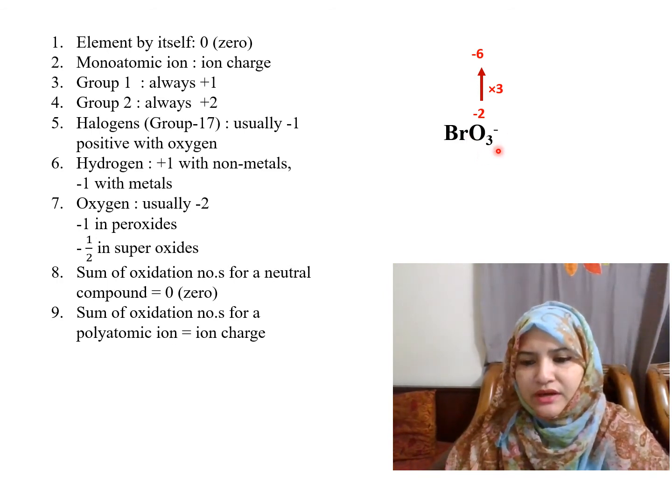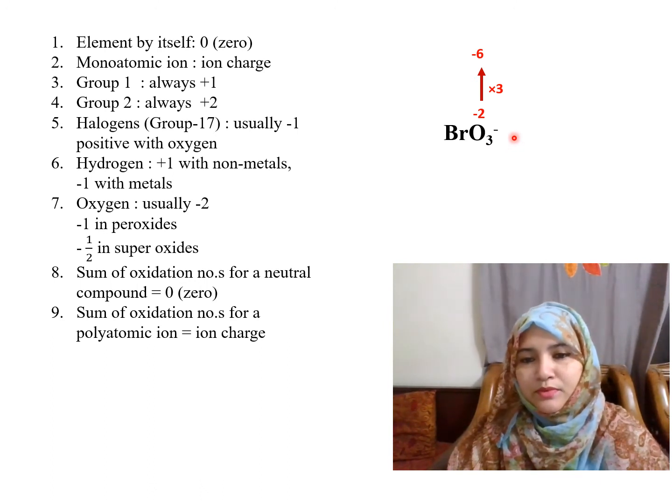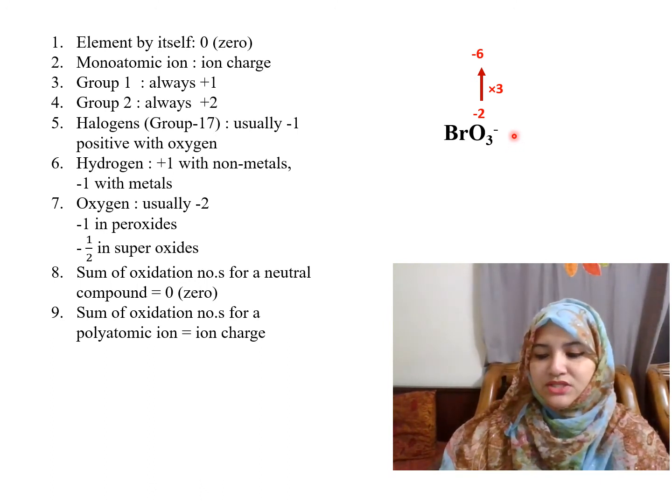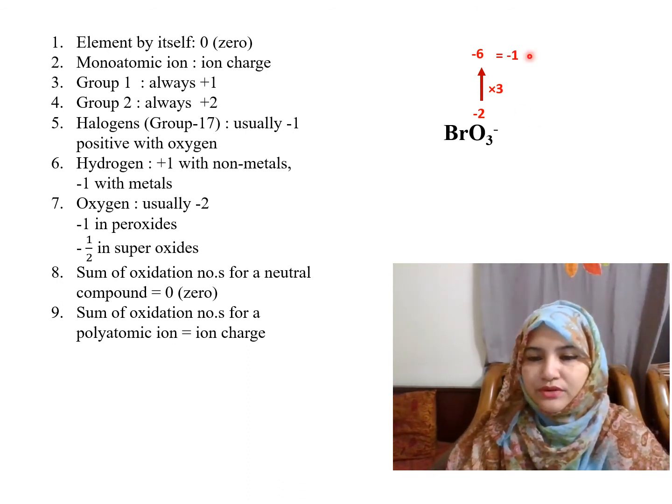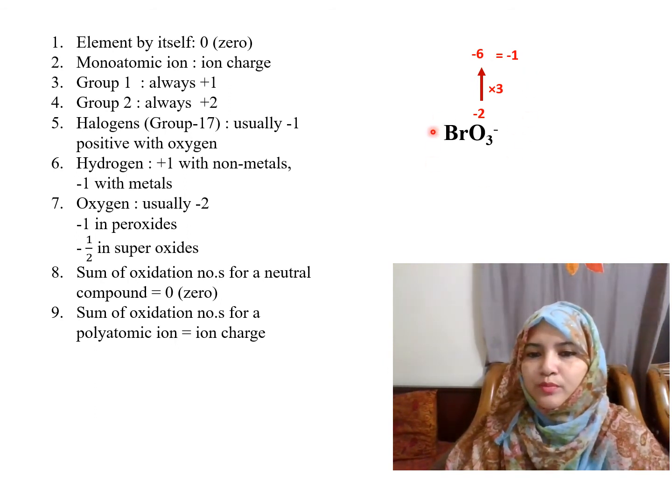The polyatomic ion bears one minus charge, so we have to put minus 1 here for the whole bromate ion.